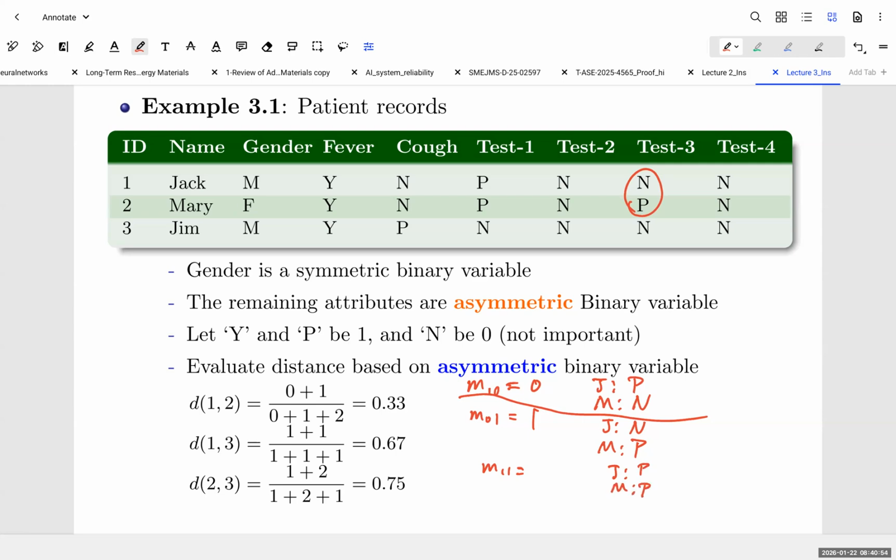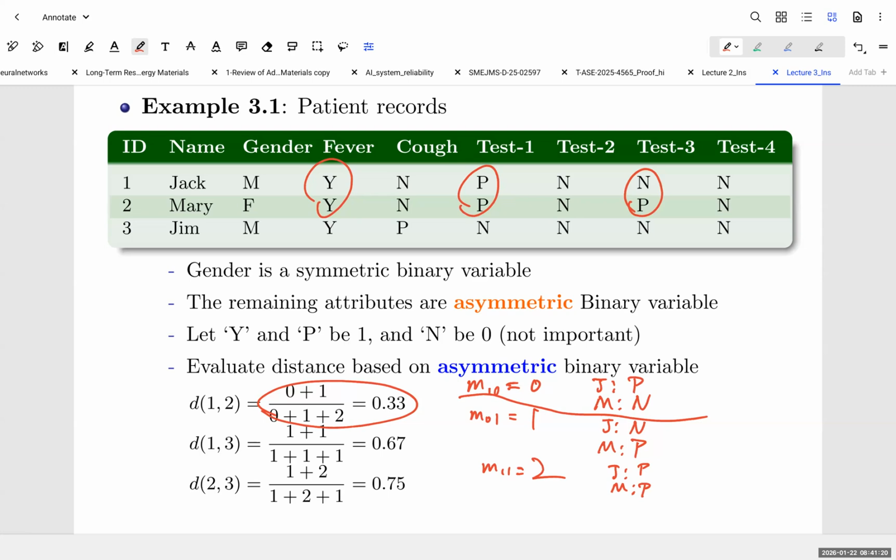We have this one, right? 2. So totally, how many variables do we have? 6. But we only consider those non-0, 0 results. So that's why we have this result. Okay? So that's the distance between Mary and Jack.